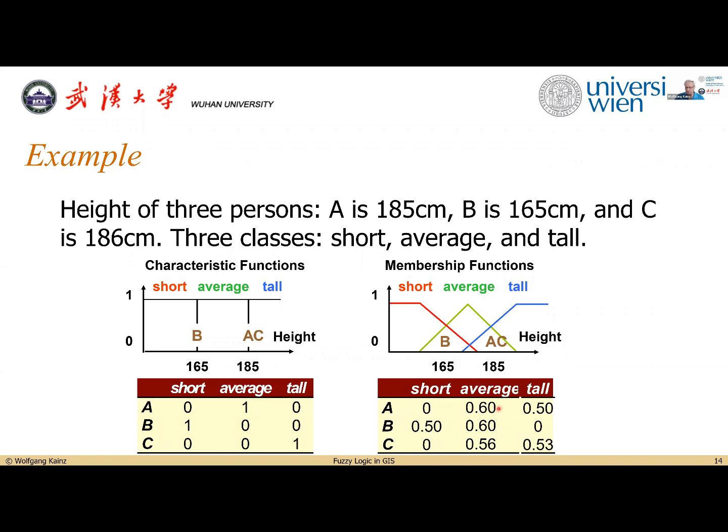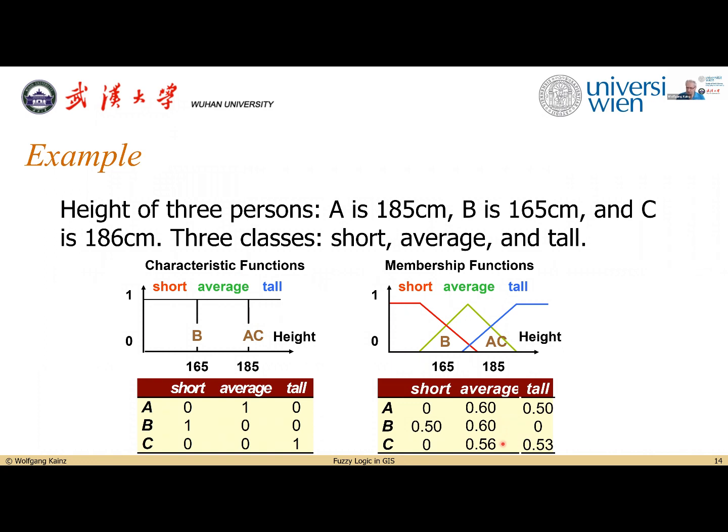The person has a degree of membership of 0.6 to the average class and of 0.5 to the tall class. And B has a degree of membership of 0.5 to short and 0.6 to average. And C has a degree of membership of 0.56 to average and 0.53 to tall.